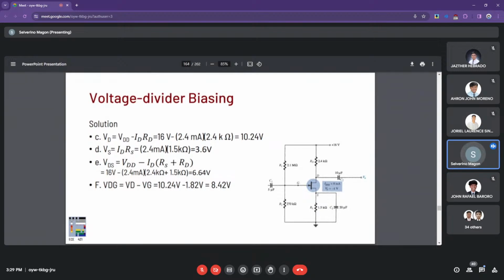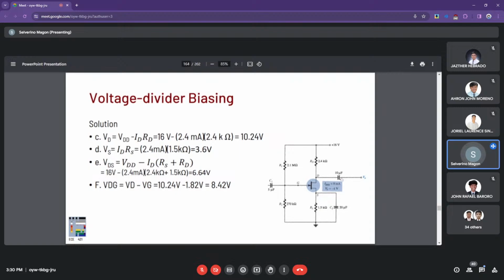Right, so for the voltage at the drain point, now we have the drain current. We can now obtain the VD, so it's at 10.24. And for the voltage across the RS right here, once you have the ID at 2.4, you can have the source voltage at 3.6 volts.